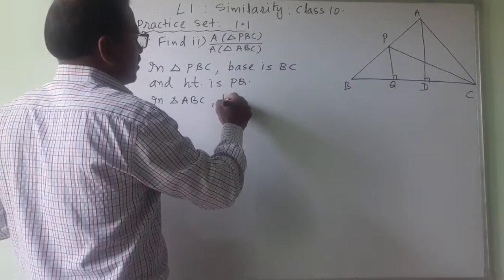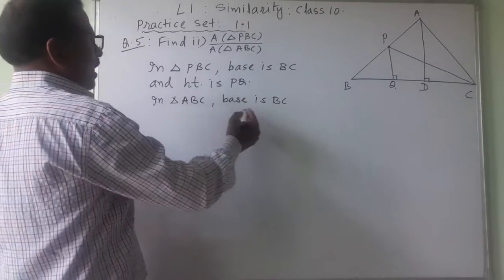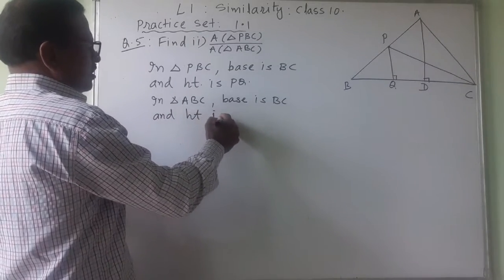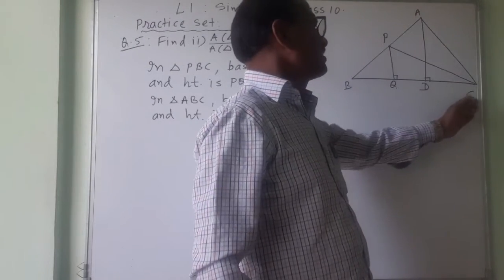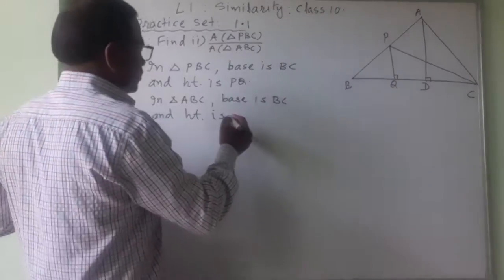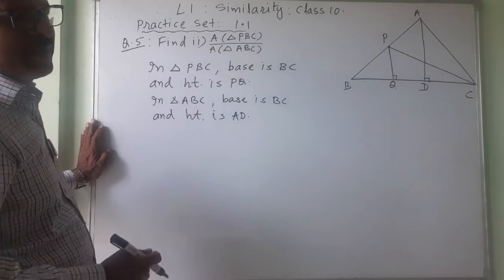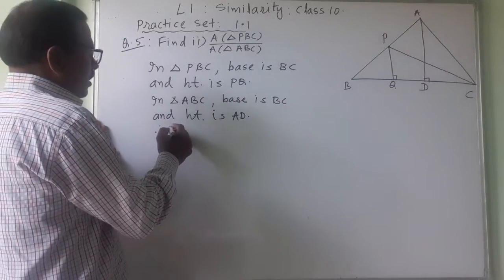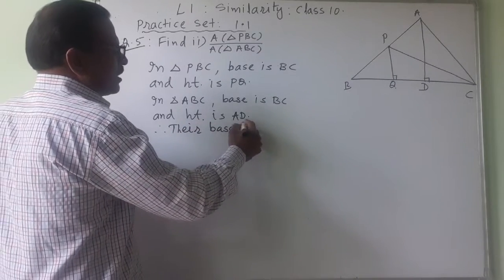BC is the base, and the height is AD, because on BC, AD is the perpendicular. So they have a common base. The heights are different. Therefore, their base is common.